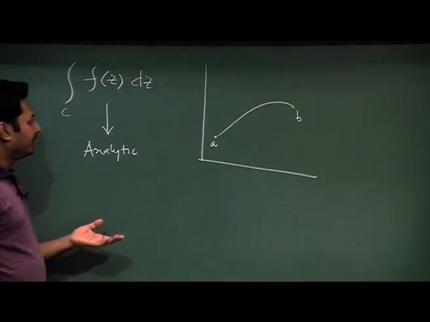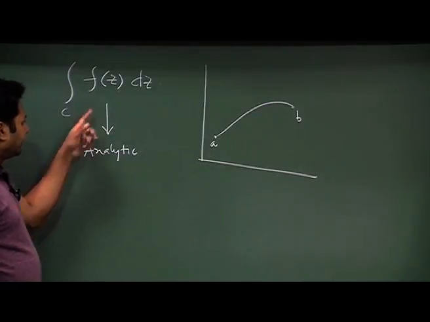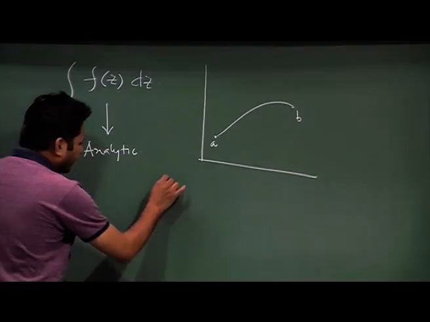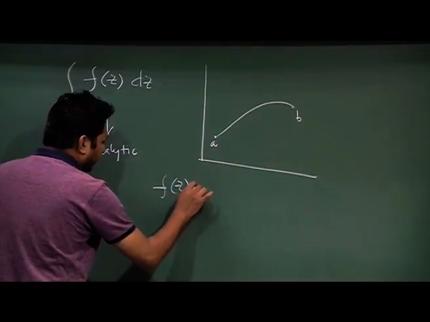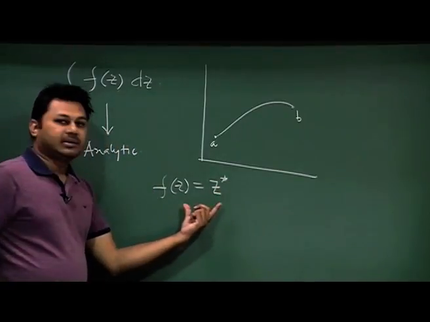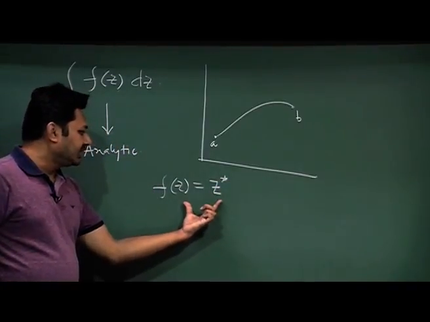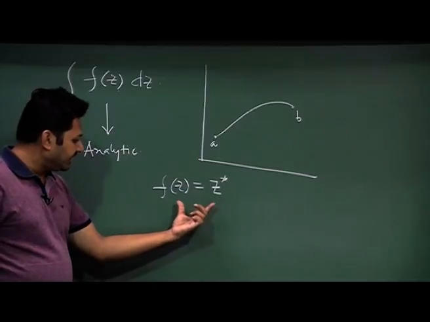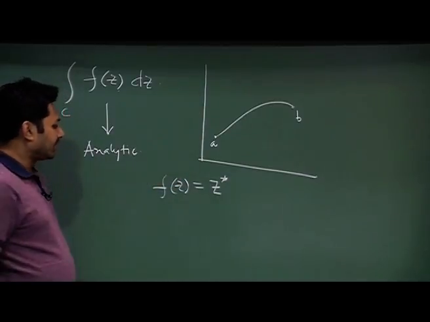We showed a few examples and showed that if this function is not analytic, if you remember, f(z) equal to z star, this function is not an analytic function. So, when we integrate this, we find that it depends on path.